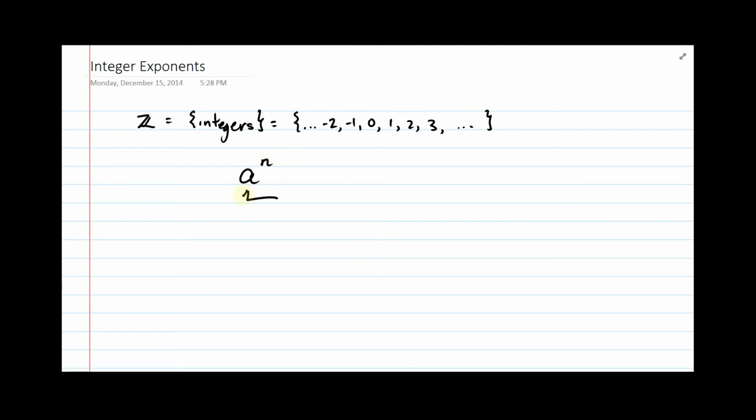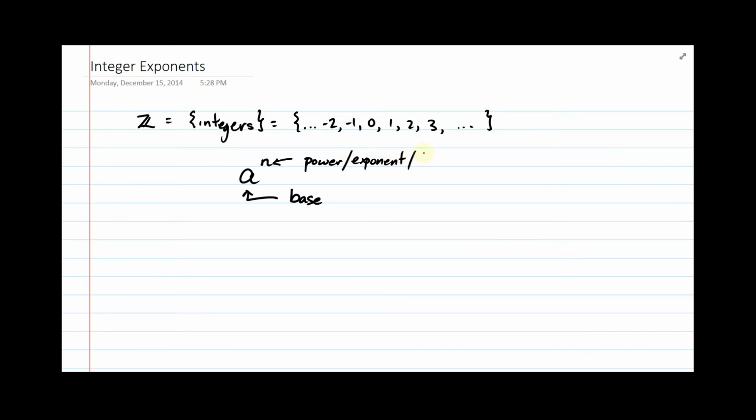So let's look at the notation. When we have an expression or a term written in the form a to the nth power, then the a is called the base. And n is the power. That's our normal way of saying it. And we can also call this a power.